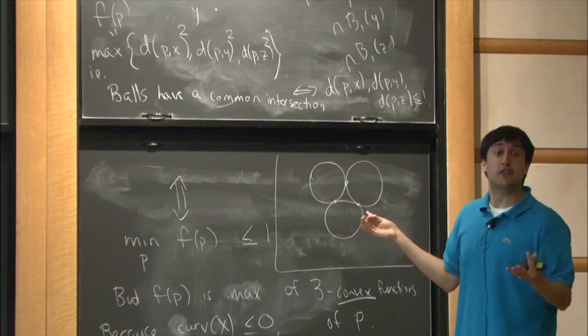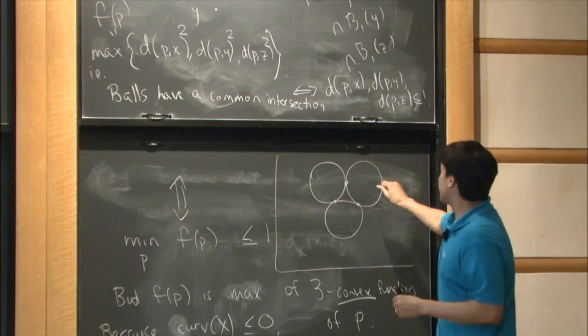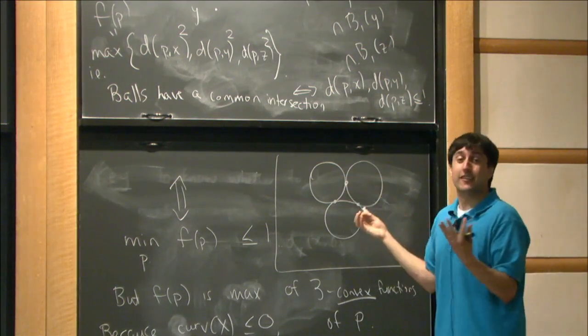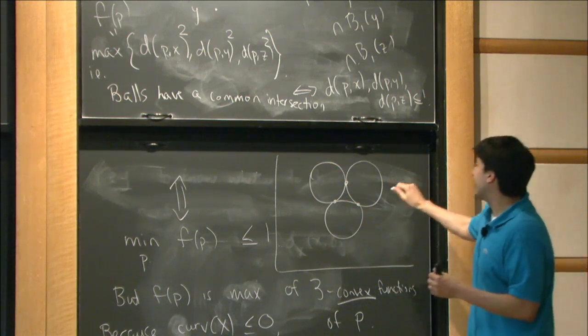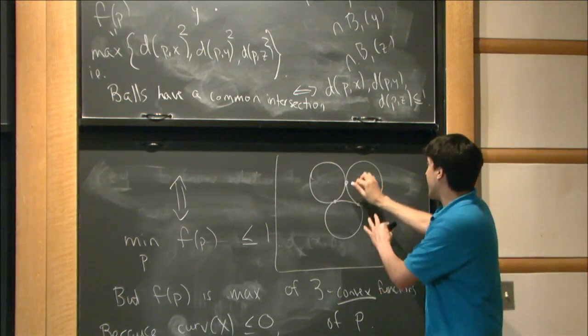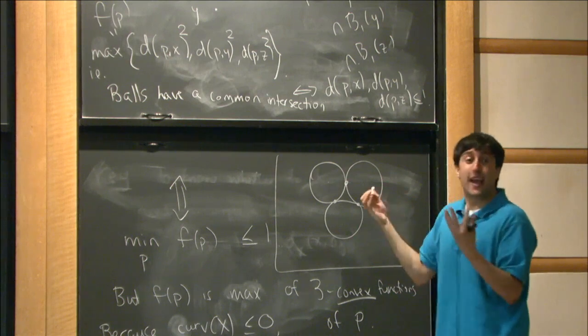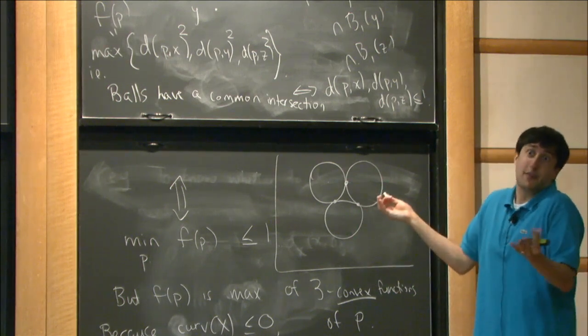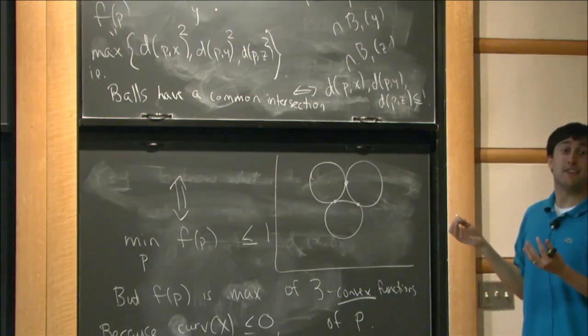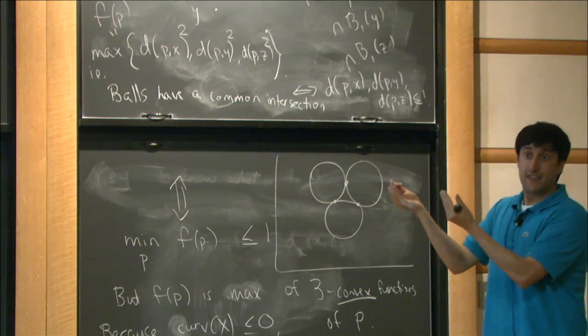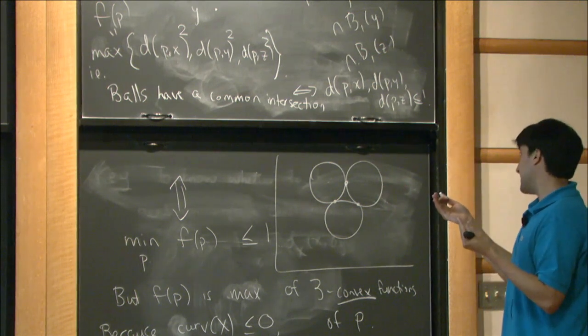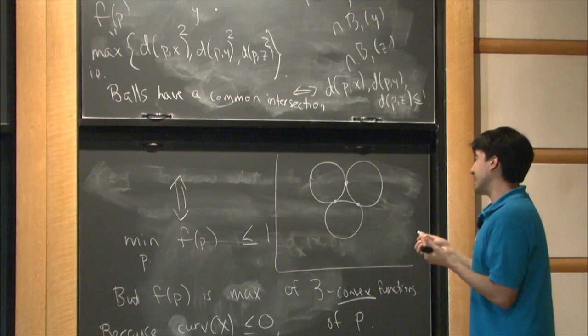That's how many triples of balls have a configuration that looks at least as good as this, meaning for every pair of them they have a common intersection point. There happen to be about 10,000 or so of those in the particular small example that I mentioned at the beginning of the talk.